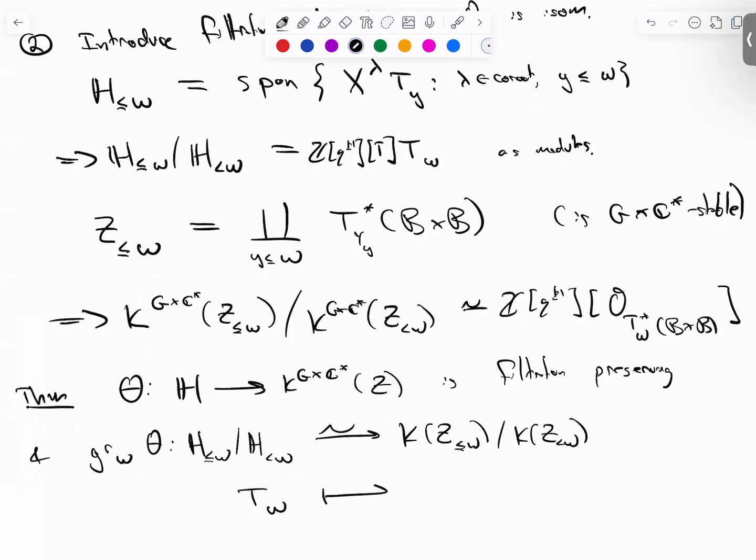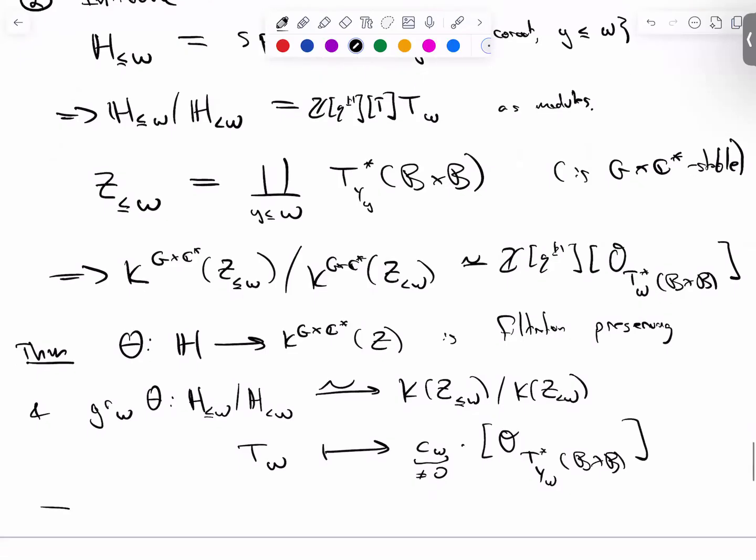So it just sends the T generator to some non-zero constant times the structure sheaf. So as a corollary of the theorem, theta is an isomorphism. Now we can take a 10-minute break.